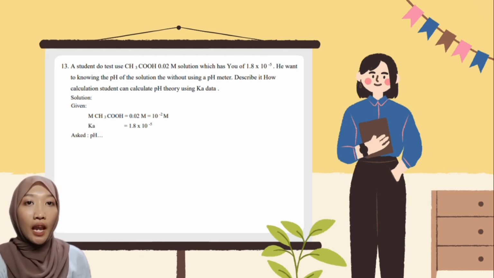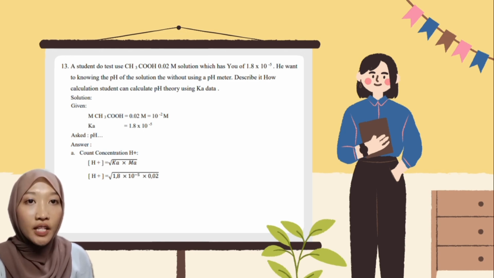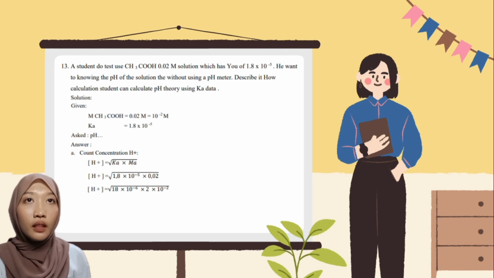Asked is pH. The answer, first, concentration H plus with the formula concentration H plus equals square root of Ka times Ma equals square root of 1.8 times 10 to the power of minus 5 times 0.02.